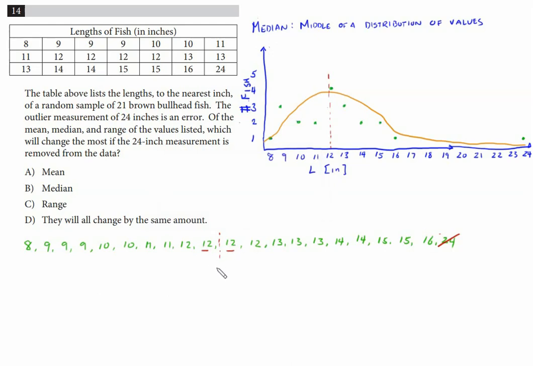And the average of 12 and 12, of course, is still going to be 12. So what did we just figure out? That the median in both cases is 12. Therefore, the change in median, or rather the median, doesn't change.